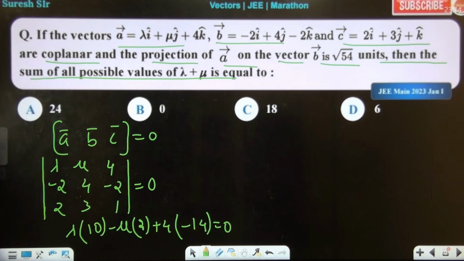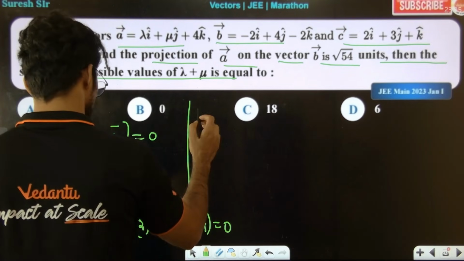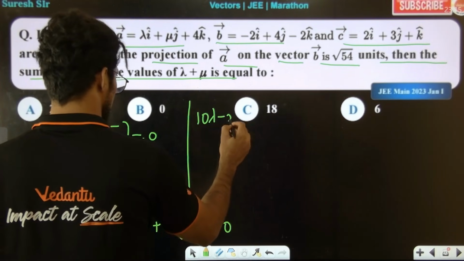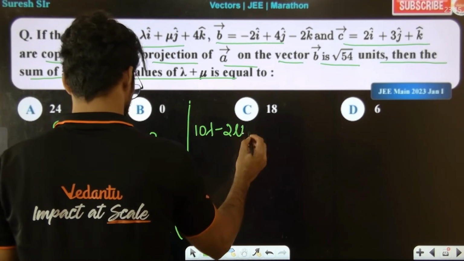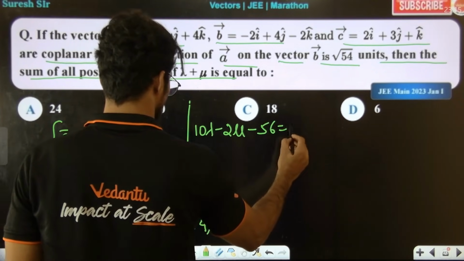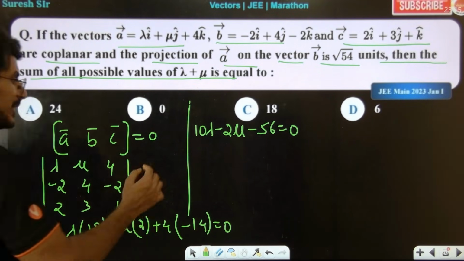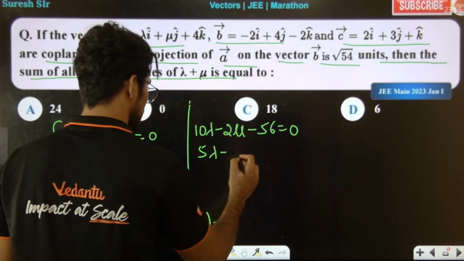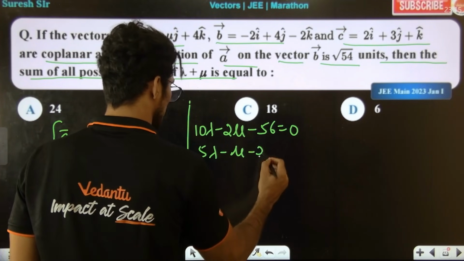Any doubt till this? Everybody got it? Yes sir. Now tell me, 10 lambda minus 2 mu minus 56 is equal to 0. If I take 2 common, 5 lambda minus mu minus 28 equal to 0.